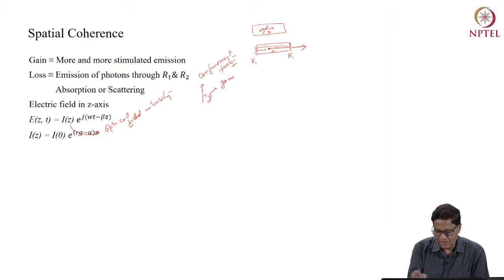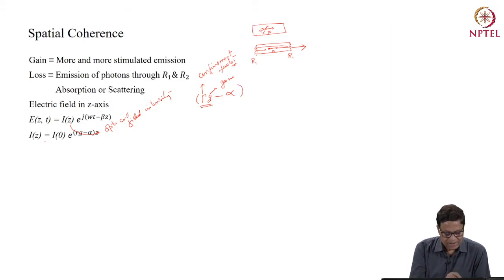This basically gives you some idea about the total gain in the system. And then there is some loss happening, which is alpha, and this loss is some light coming out of the mirror, some light getting absorbed, some light getting scattered. So this is actually the net gain.